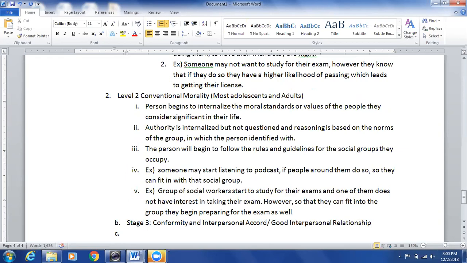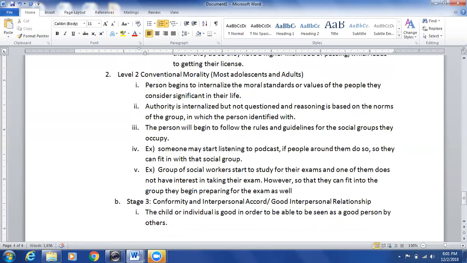So what does this stage look like? The child or individual is good in order to be seen as a good person by others. So they seek the approval of others based on their actions. So they'll kind of conform.